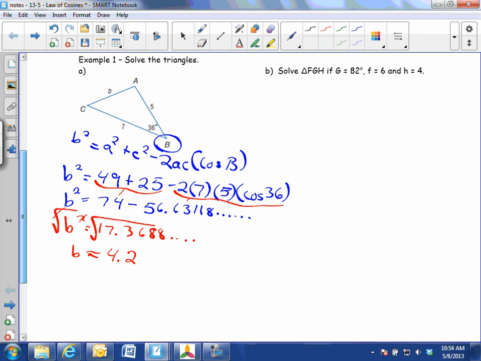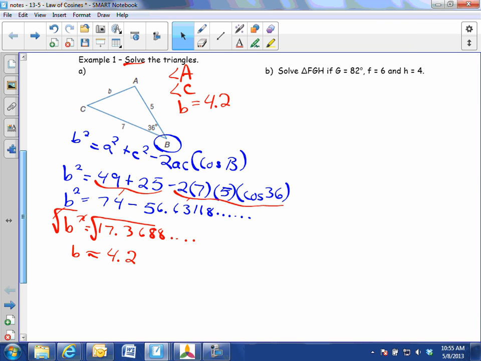Wait, we're not done yet because it says solve the triangle and find the three missing parts, right? Right. But now you can use sines. Now we can use the law of sines, yeah. We could use the law of cosines again if you wanted to, but I think it's easiest to use the law of sines now to figure out the rest.